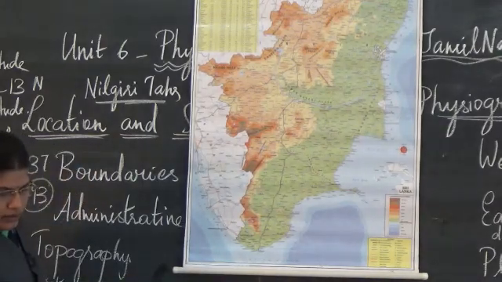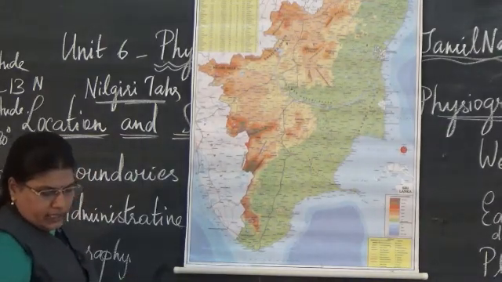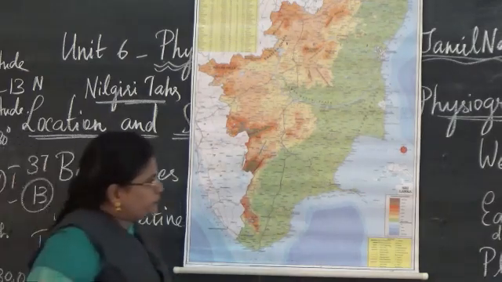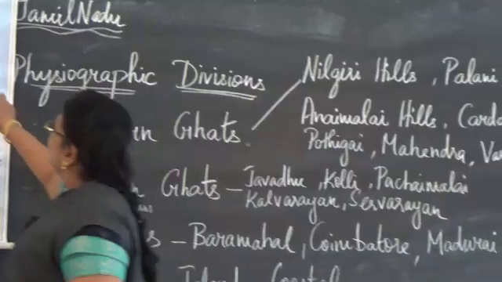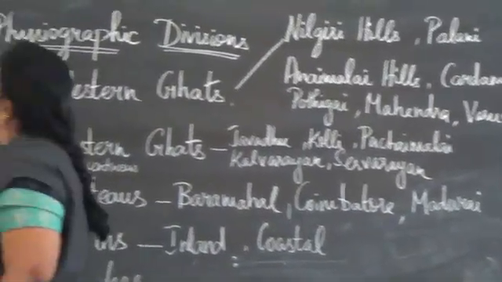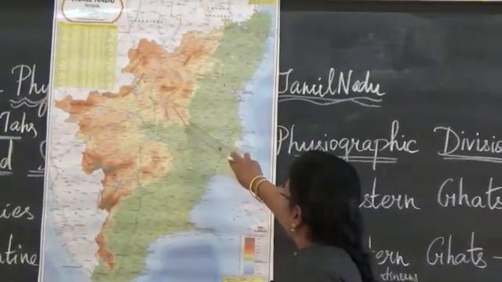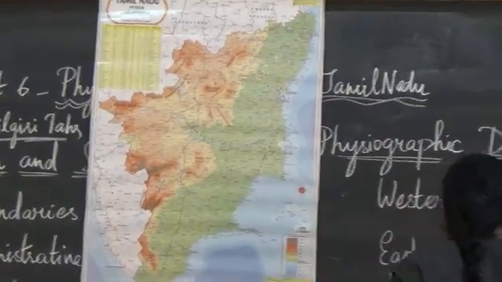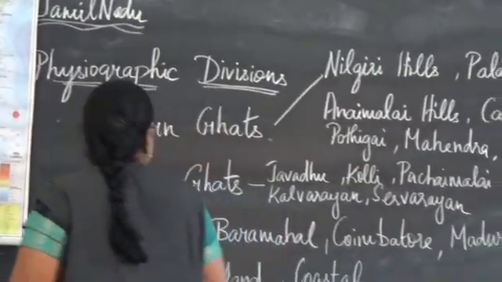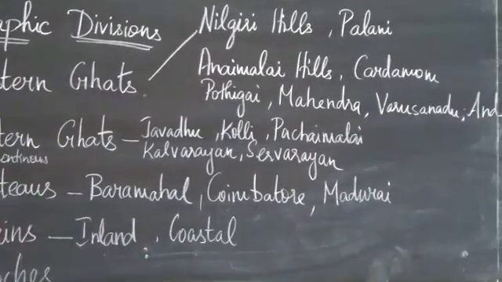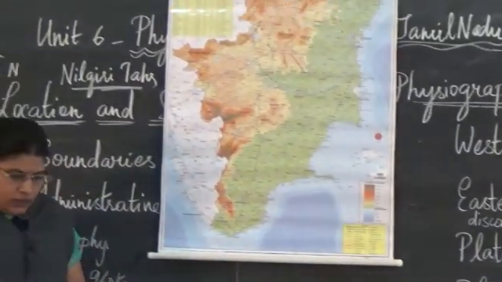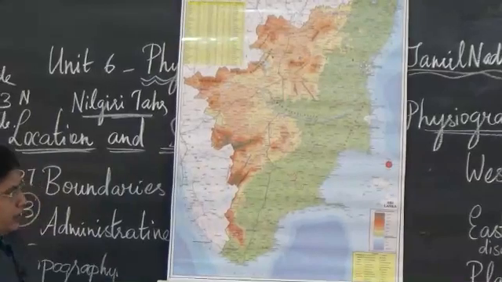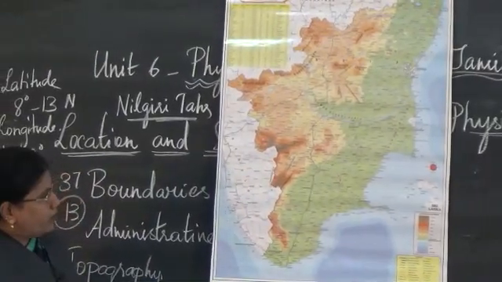Some of the hills present here are Shervarayan, Kalvarayan, Javadhu, Kolli and Pachaimalai Hills. These are some of the important hills present here, and we are going to see them one by one.